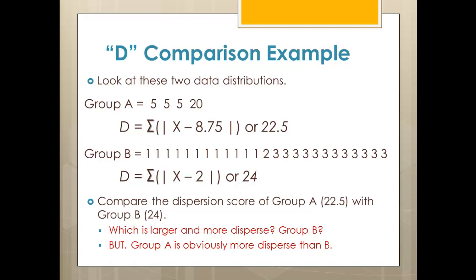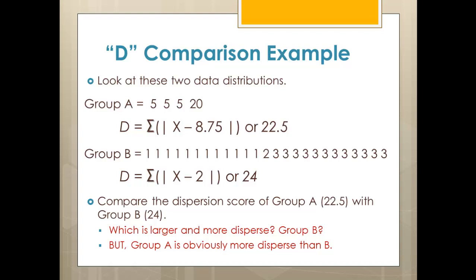In group B, we have many more scores, but the deviation score is very close to 24. But if you look at the scores in group B, it's clear that they're much more clustered together tightly than the scores in group A. But the deviation measure we've provided here doesn't do that comparison justice.